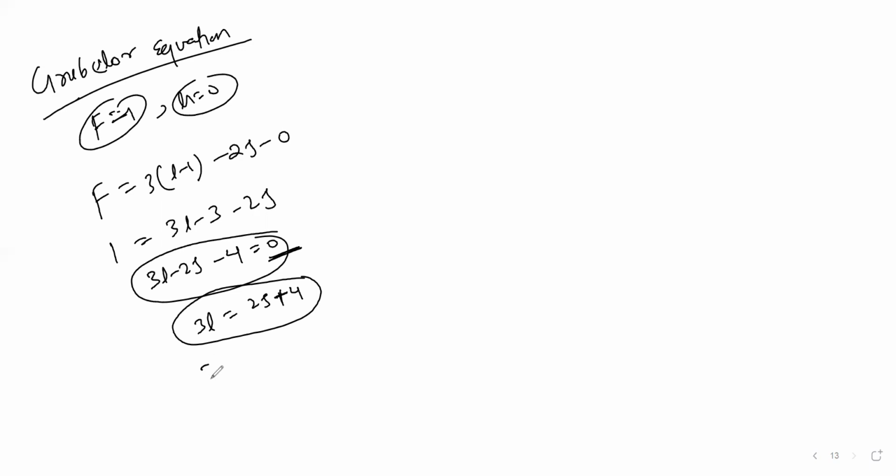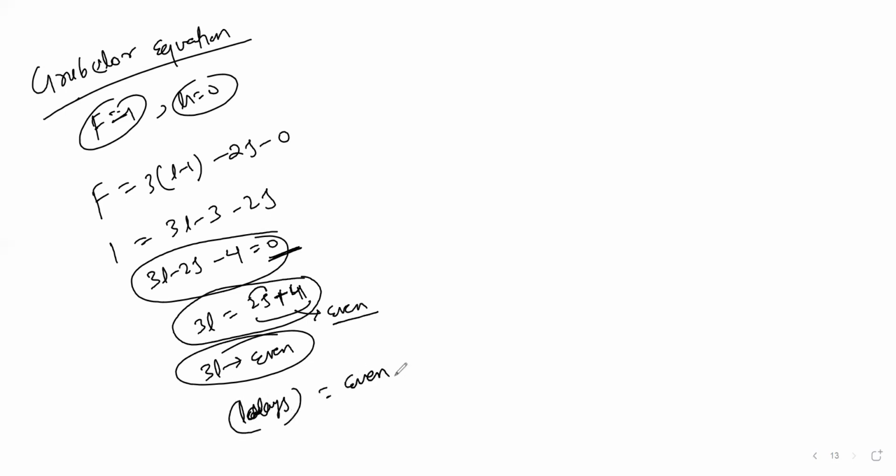So see, 3L should always be an even number. Why? Because 2j is an even number, since it's a multiple of 2, and you are adding an even number 4. So even plus even is always even here. So 3L is an even number, which means the link count should always be even also. So what should the minimum number of links be?